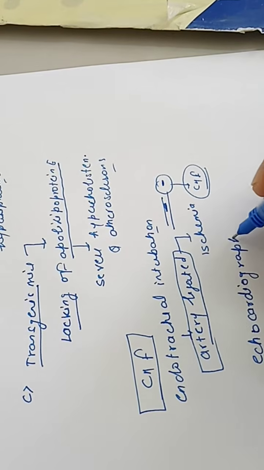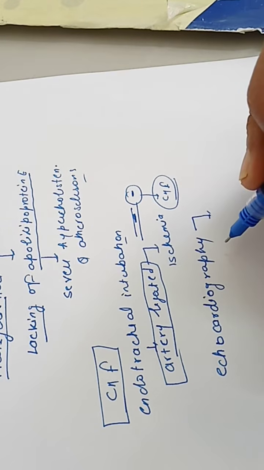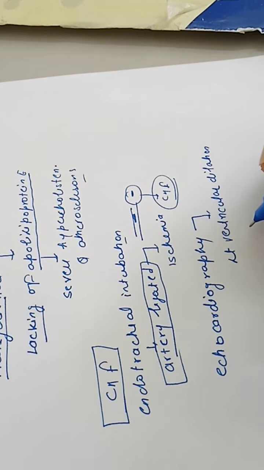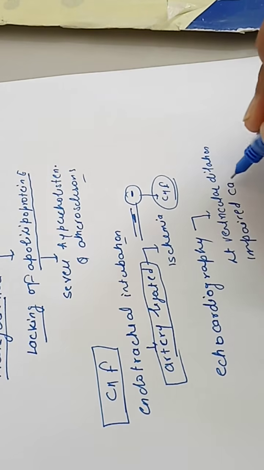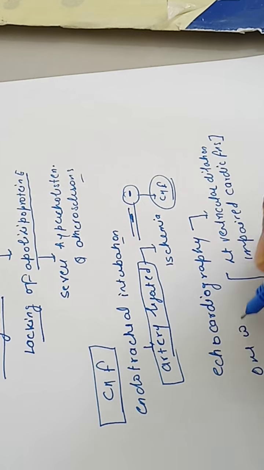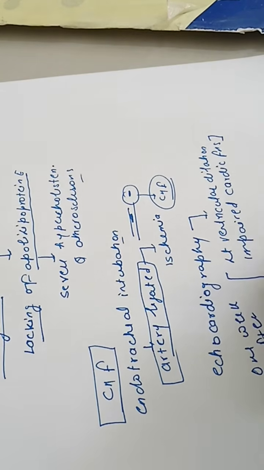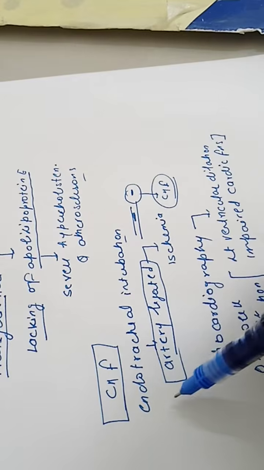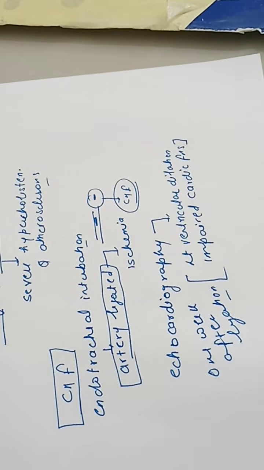When you ligate the coronary arteries, then by doing echocardiography you will observe left ventricular dilatation and clearly impaired cardiac function. You will observe these changes one week after the ligation. Another animal model for CHF or heart failure is catecholamine infusion.